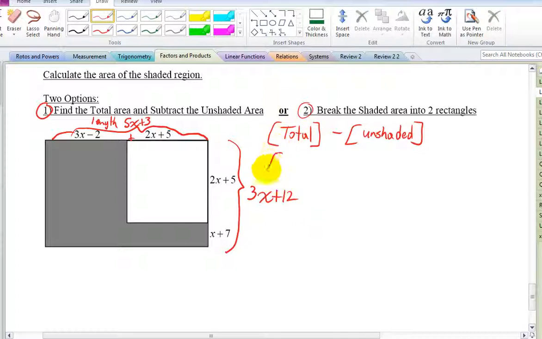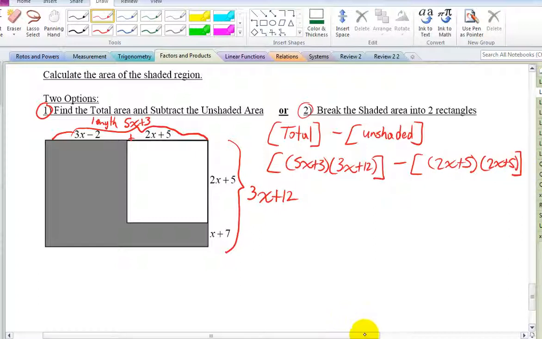So what we're going to do for the area of the total, we're going to get 5x plus 3, that large dimension, times the other large dimension, 3x plus 12. Notice it's in the big square brackets. For the unshaded, in square brackets, we will have 2x plus 5 times 2x plus 5. It's a square. What do you know?